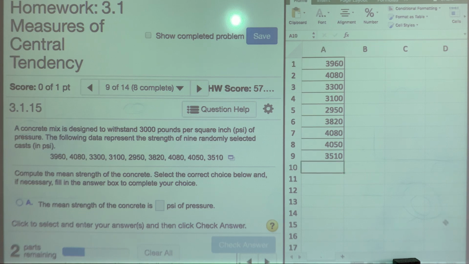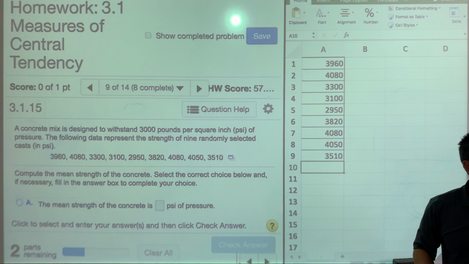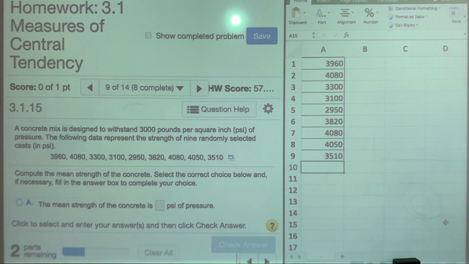Now, I've already shown you how to do it by hand with a calculator, right? So I'm going to save us time now. There's no point in us doing this all by hand if we can do it in Excel, right? If I asked you to find the mean of this, you could. You'd add all these numbers up and divide by the number of numbers. In Excel, to find the mean, hit the equal sign, type average.